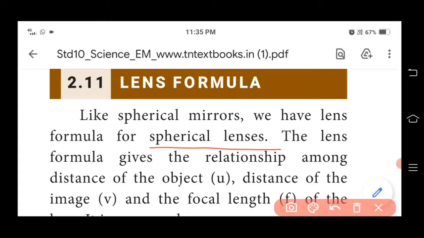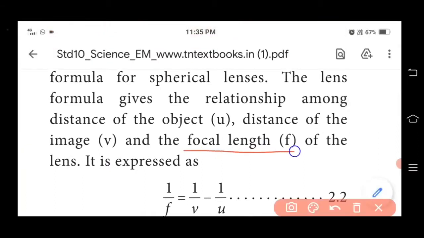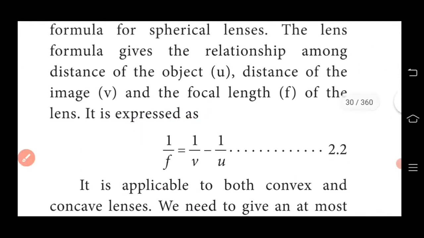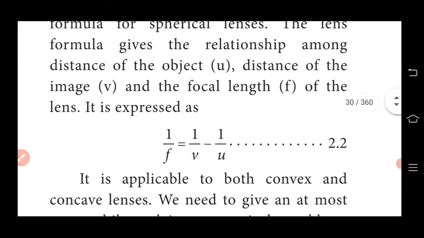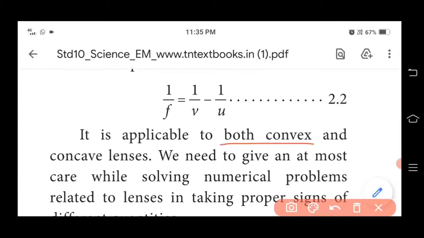The lens formula gives the relation among the distance of the object u, the distance of the image v, and the focal length f of the lens. It is expressed as 1 by f equal to 1 by v minus 1 by u, and it is applicable for both convex and concave lenses.